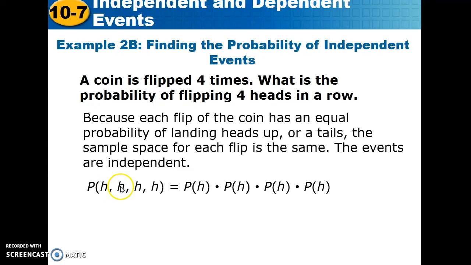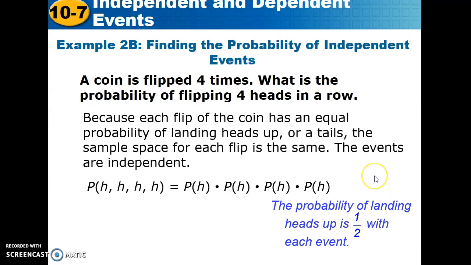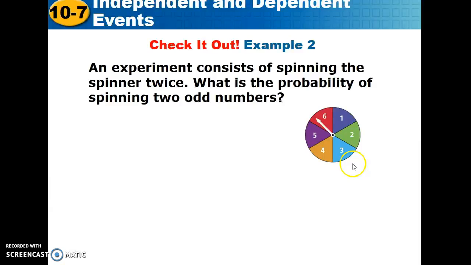The probability of heads, heads, heads, heads is each of those probabilities independently being multiplied together. So you can see that we have 1/2 to the 4th power, or 1 out of 16. Now if we made that tree and showed these 4 coins being flipped, we could see the sample space and see there are 16 ways that that can happen.